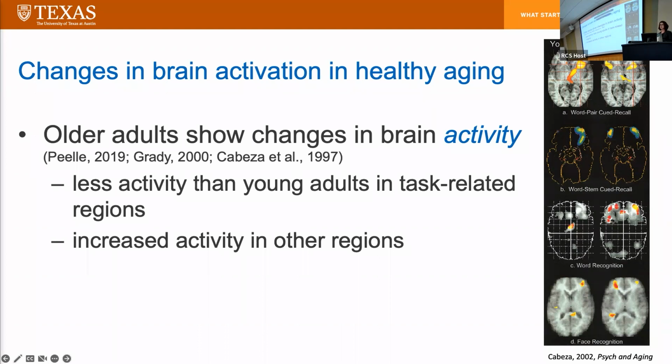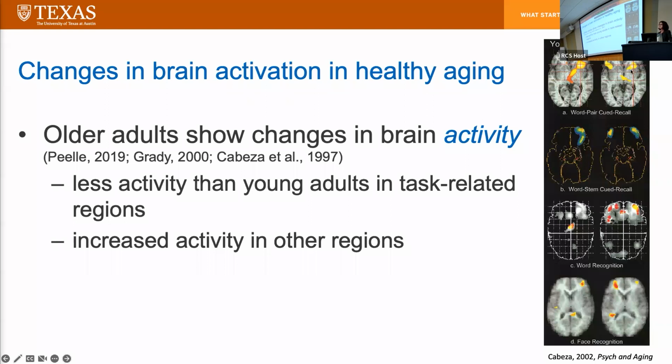In this panel at right, you can see across these different kinds of memory tasks, in the right hemisphere, less activation than in the younger adults. We also see an increase in activity in other parts of the brain. Whereas the activation in the younger adults is on one side of the brain, or unilateral, in the older adults, we're seeing activation on both sides of the brain.